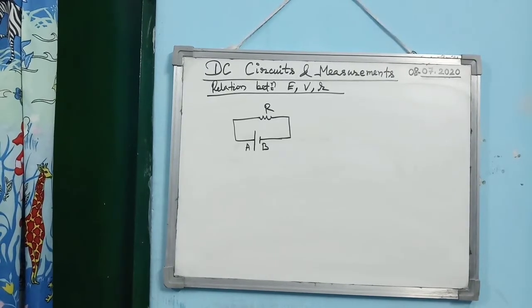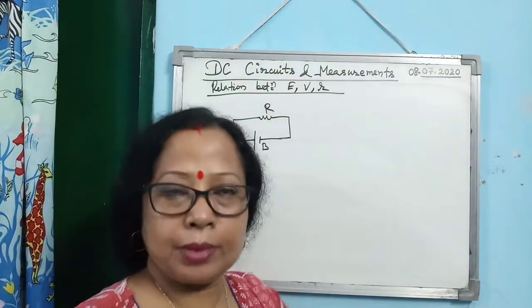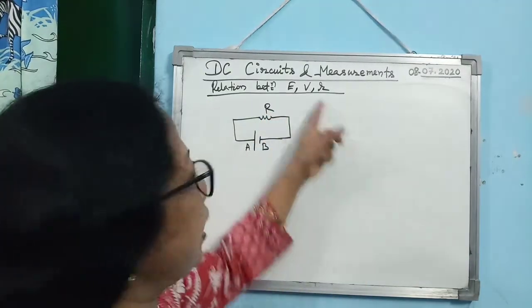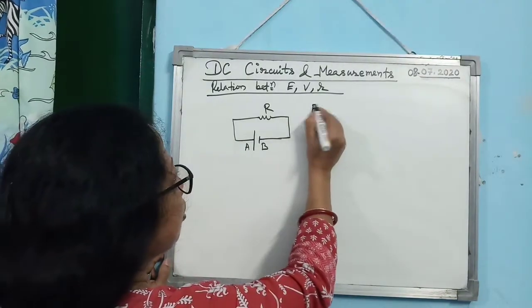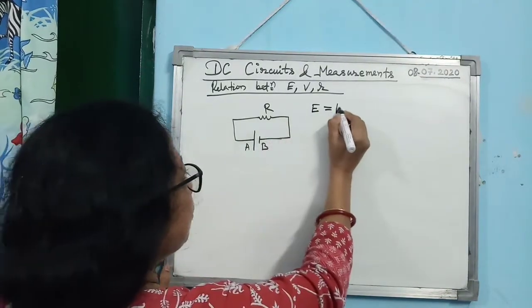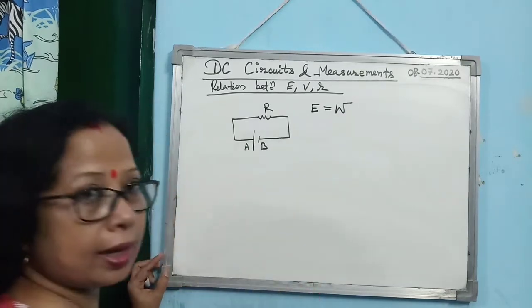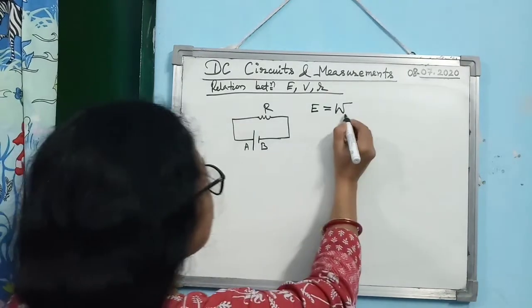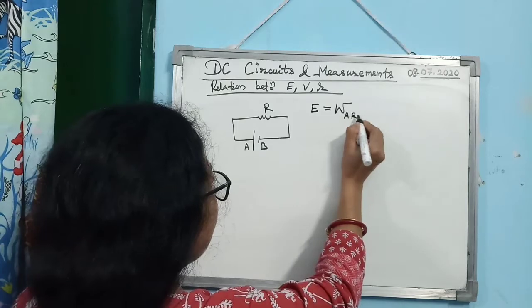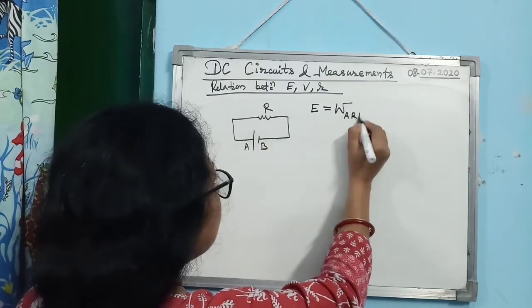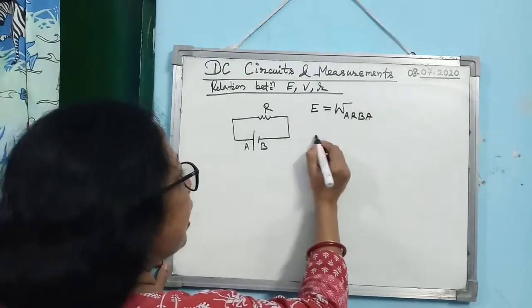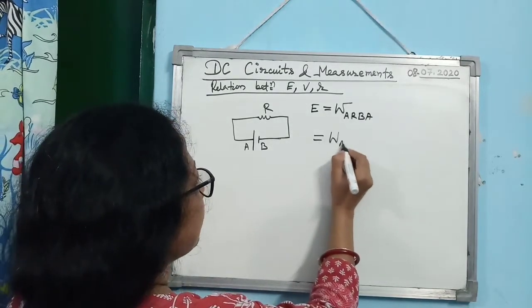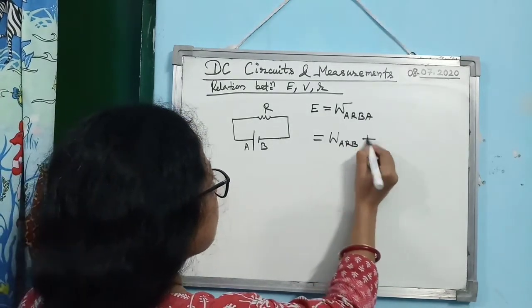Next is the relation between EMF, V and R. V stands for terminal potential difference and R is the internal resistance. Now you see, according to our concept of EMF, it is the work done to take a unit positive charge from A via R then to B then to A. One can break this work done into two parts.